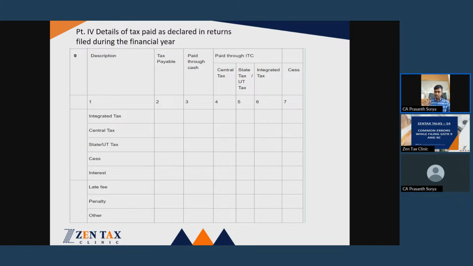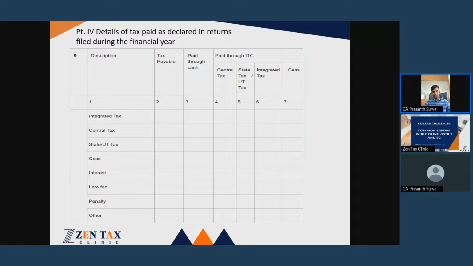Please check these once, because as I already said, there is no provision in GSTR9 that highlights any differences or shows a separate pop-up at all. So before filing GSTR9, please check whether cell 2 minus cell 3 minus cell 4 minus cell 5 minus cell 6 minus cell 7 is equal to 0.